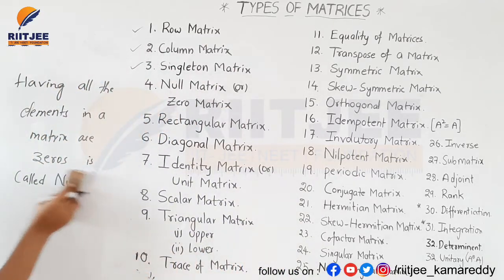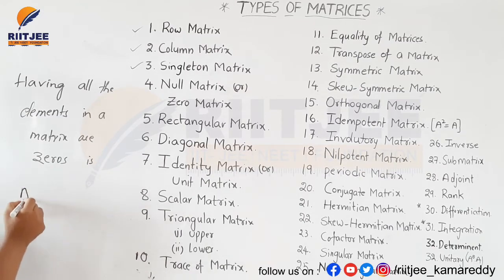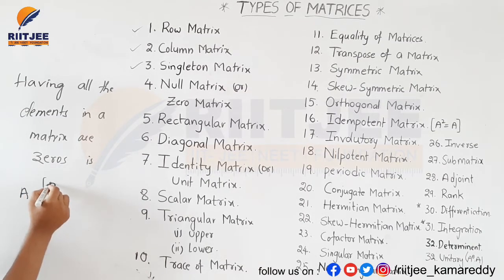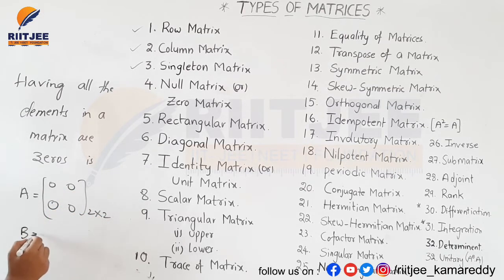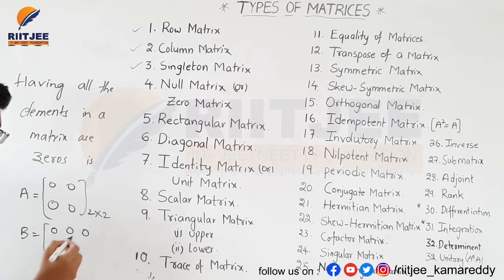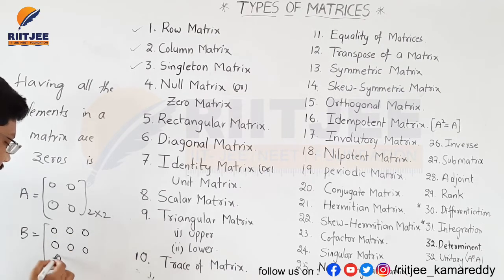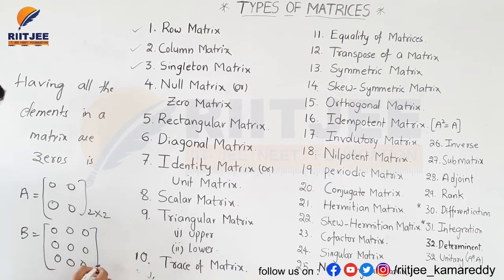The example of a null matrix: A is equal to, I am taking 0 0 0 0. It is of order 2 by 2. And one more example, I am taking here 0 0 0 0 0 0 0 0 0, having all the elements in a 3 by 3 matrix as 0.